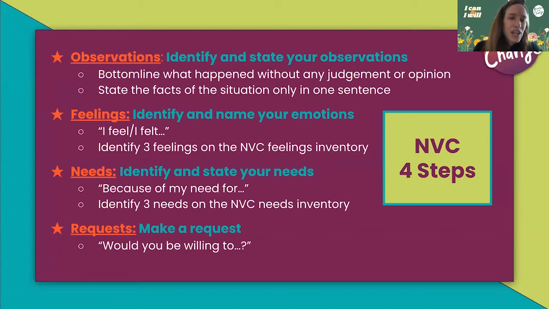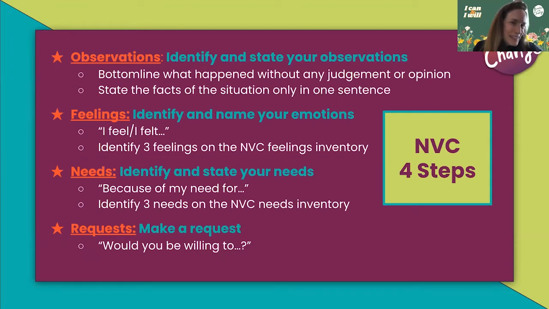Now, as I mentioned, you can use this framework not only to address challenges or conflict, you can also use it to express positive things. So for example, if my partner brought me roses yesterday, I might say something like, "Yesterday, when you brought me red roses, I felt excited, loved, and connected because of my need for acknowledgement, appreciation, and romance.